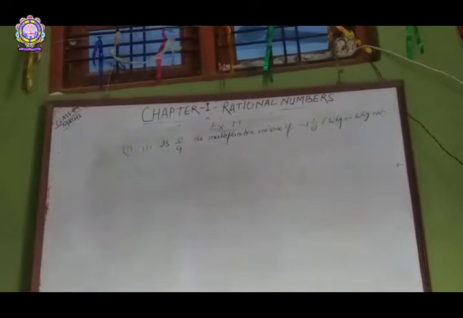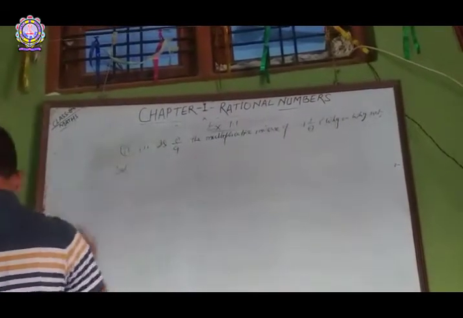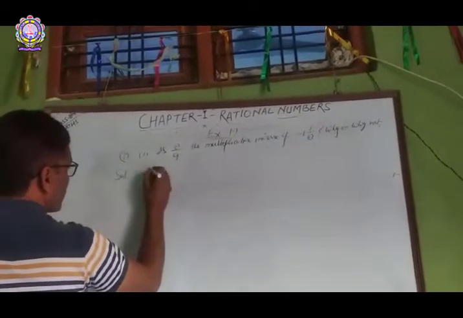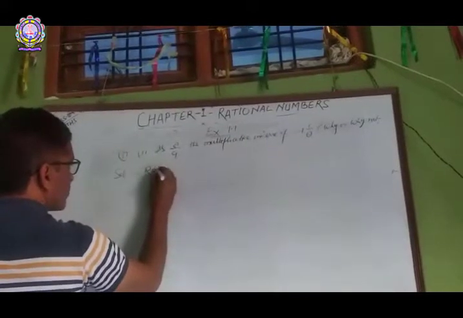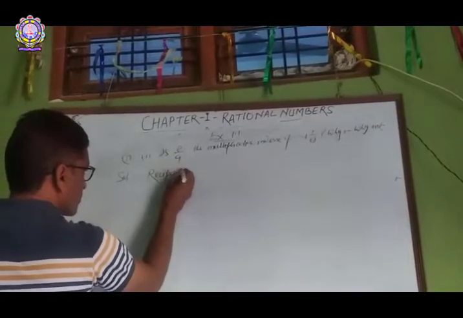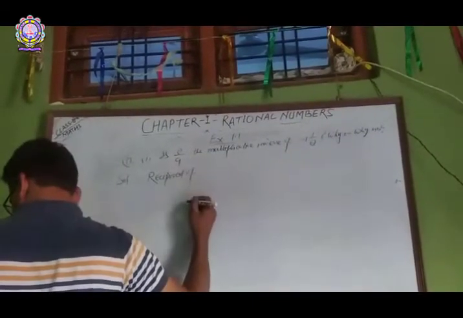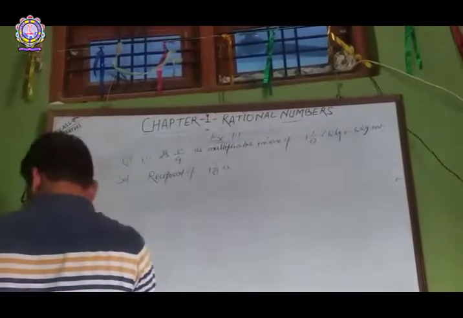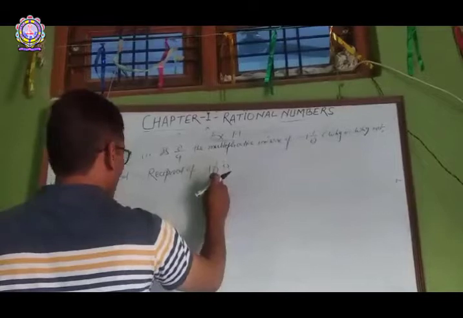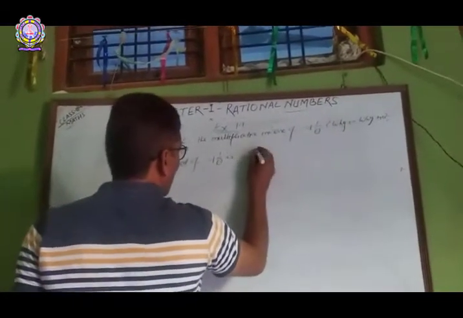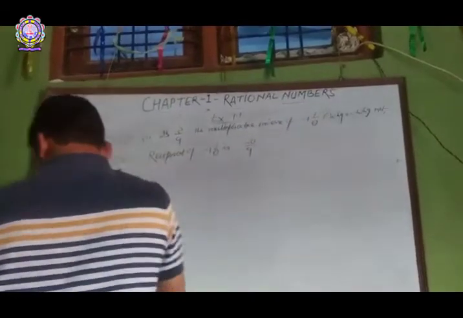Okay. Solution. The reciprocal of minus 1 whole 1 upon 8 is minus 8 upon 9.